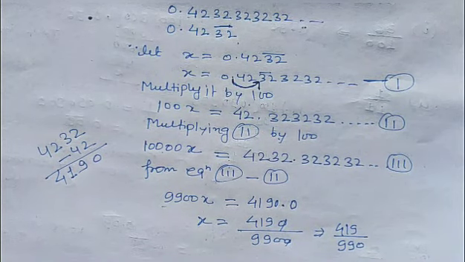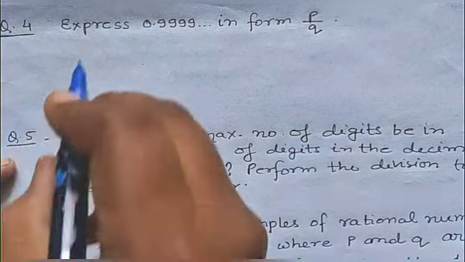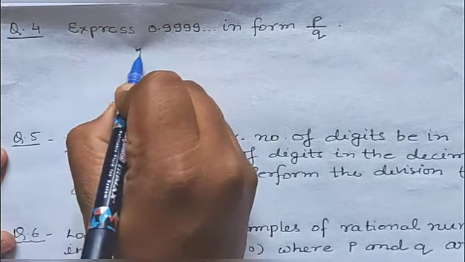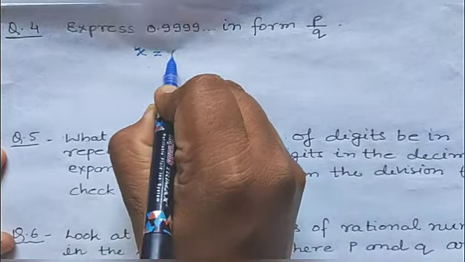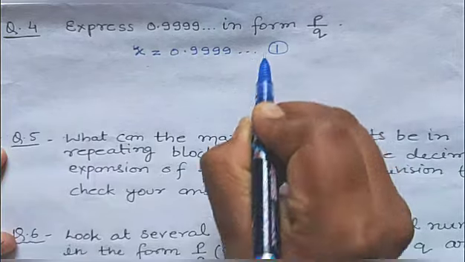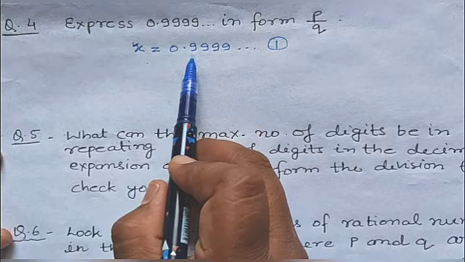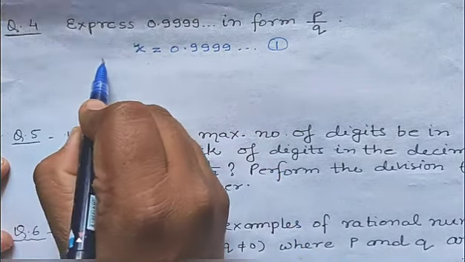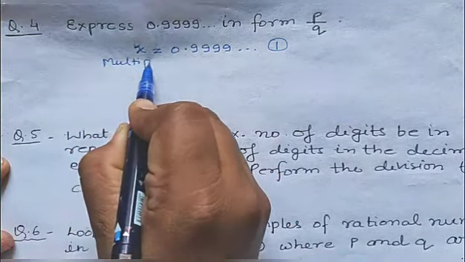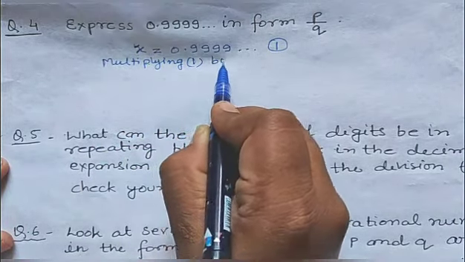Now coming to the next question. The next question is: express 0.99999 in the form of p by q. So suppose x is equal to 0.9999 and so on. Suppose it is equation number 1. Then the repeating block is only 9, the repeating digit is 9, so we have to multiply by 10.